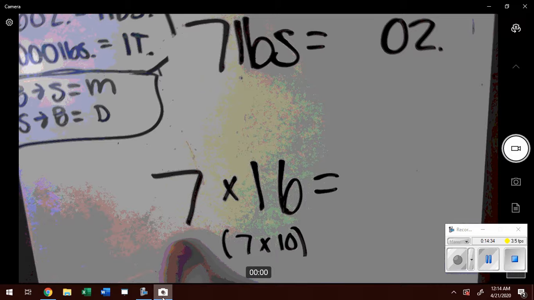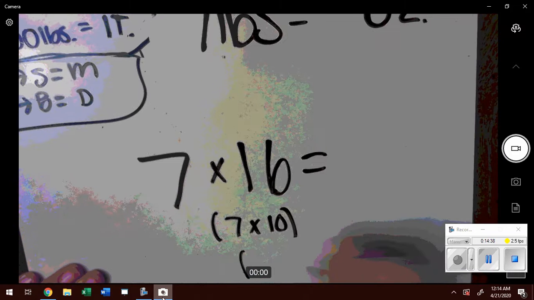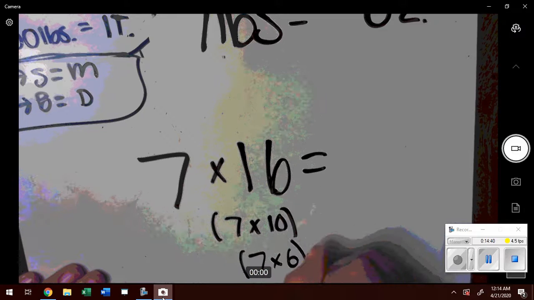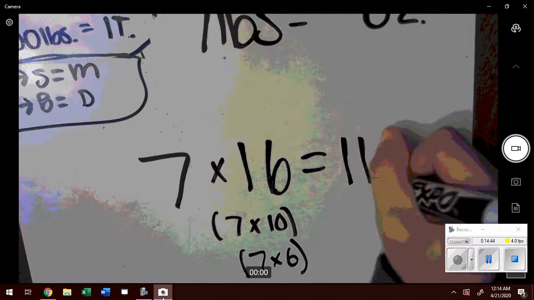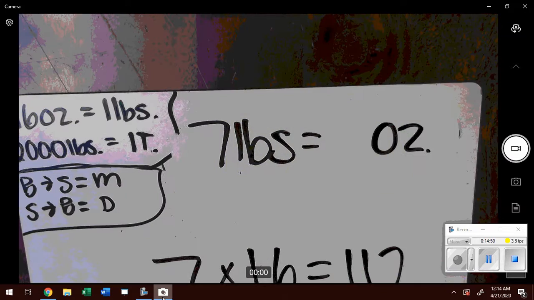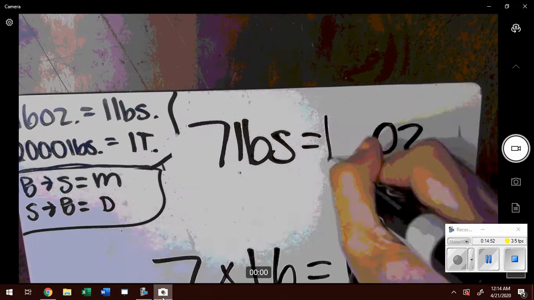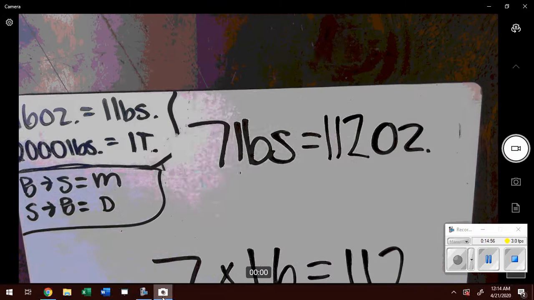And I know that 7 times 6 is 42. 70 plus 42 is going to give me 112. I can solve that mentally using the distributive property. So 7 pounds equals 112 ounces.